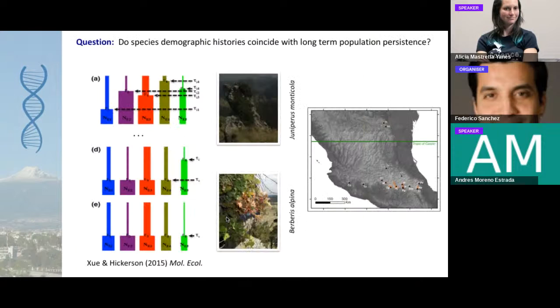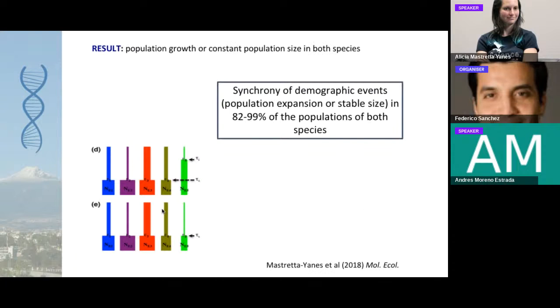We tested this with genetic data using the allele site frequency spectrum, which is a method developed by Hickerson and colleagues, to test whether the species share a demographic history that coincides with long-term population persistence. We found that indeed this is the case.